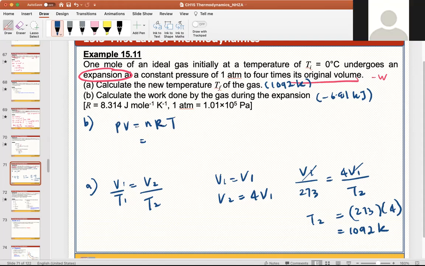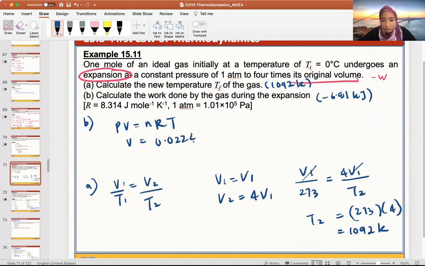And I got the volume is 0.0224 meter cube. And then I use work equals negative P delta volume.